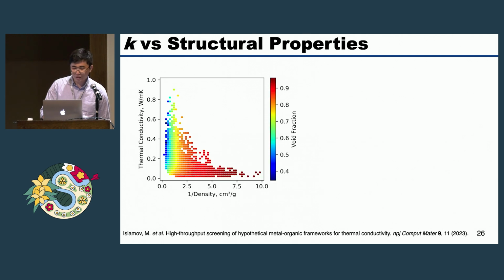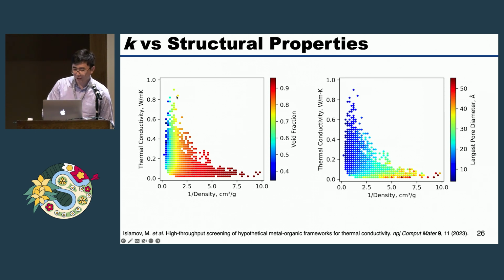There are many interesting structure-property relationships. We published the results in a paper in Nature Computational Materials a couple of months ago, but here I would like to show a couple of them. This is thermal conductivity versus 1 over density, colored by void fraction. High thermal conductivity favors high densities and intermediate values of void fraction.